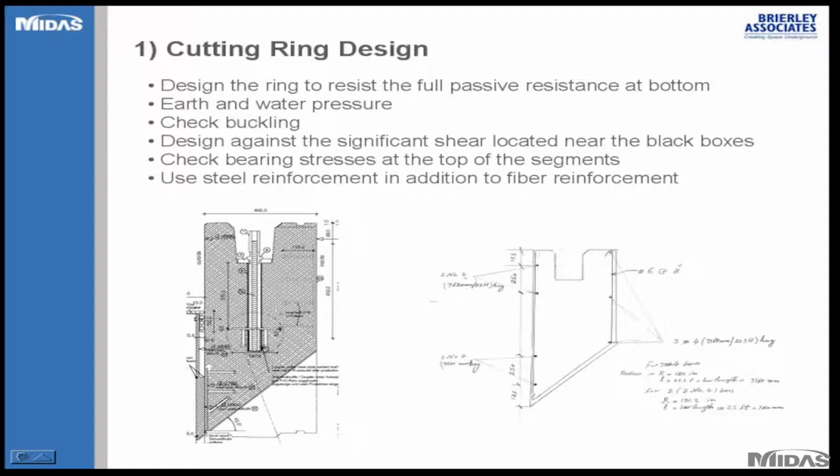The second thing, you need to look at the earth pressure and check buckling, earth pressure and water pressure if you have water. Another design concern is the significant shear at the shear box, or the black boxes location. You remember we showed 4 black boxes where you attach all the steel strands, and we end up welding some steel bars to these boxes so you can have better distribution of the shear at this location.